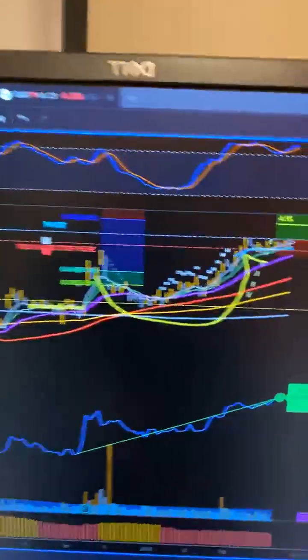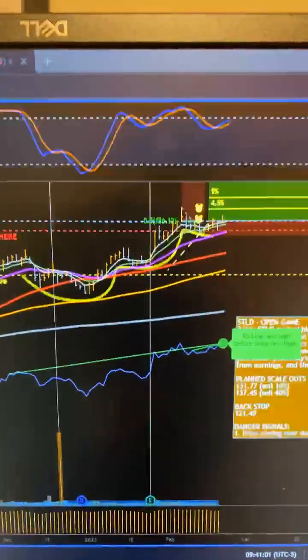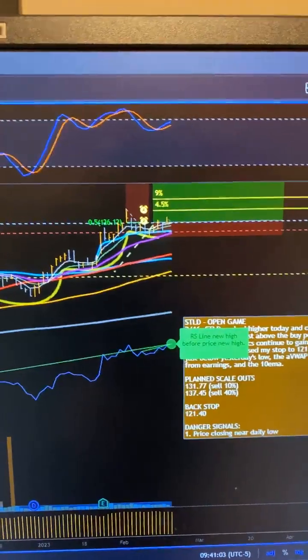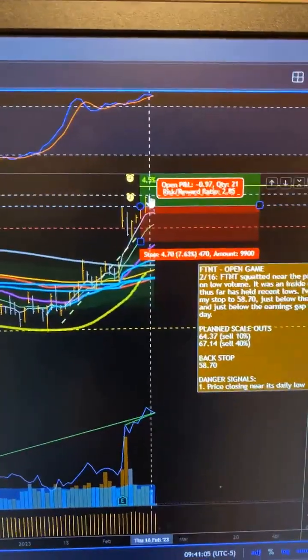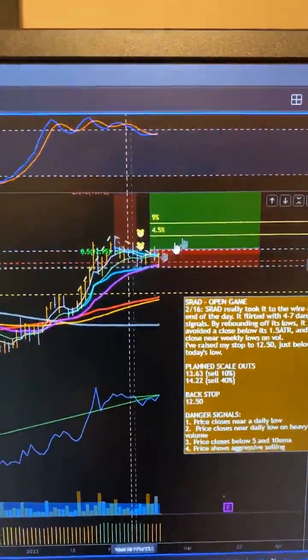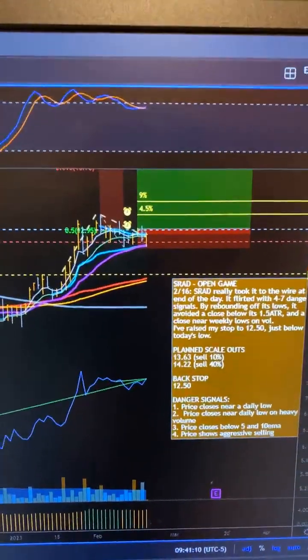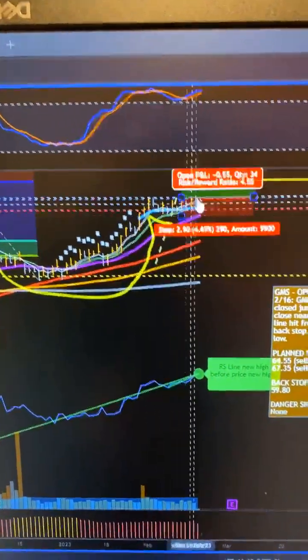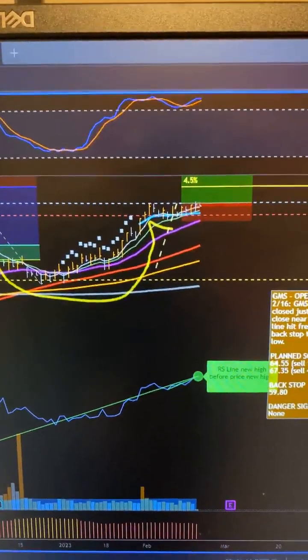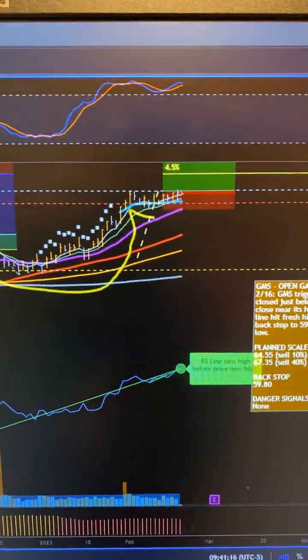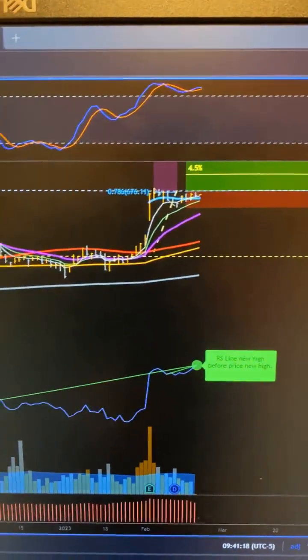Most of them are just floating around the buy point. Just starting to break out. This one's pulling back a little bit. This one reversed. And this one here just floating around the buy point. And here's a few from the watch list.